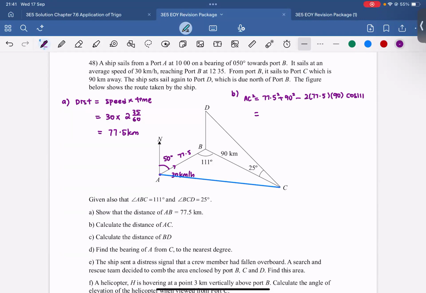That will give me AC square, square root, sorry. That will give me AC will be 145.316, approximately 145 km.